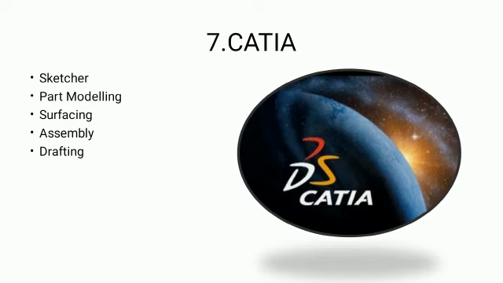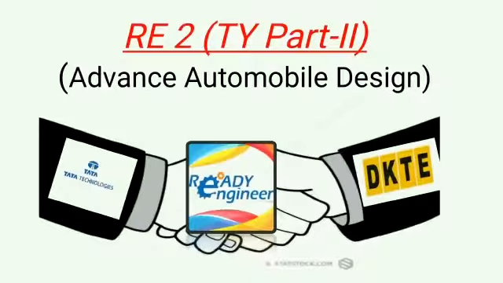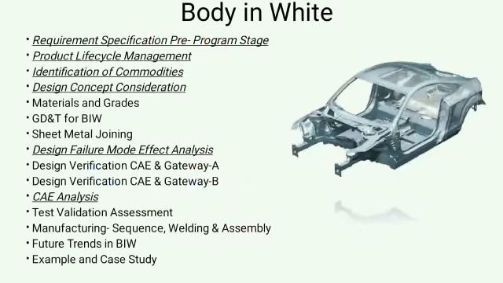Now moving to RE part 2, which we call advanced automobile design, it again has two parts. The first one is body in white and the second one is plastic trims. The picture shown here is what we simply call a body in white. This is a very interesting and very vast syllabus.